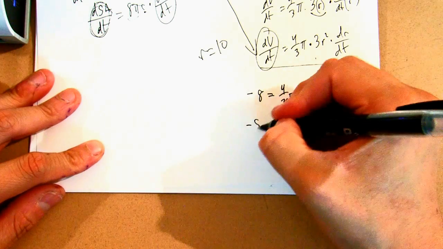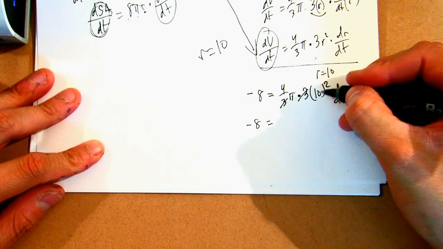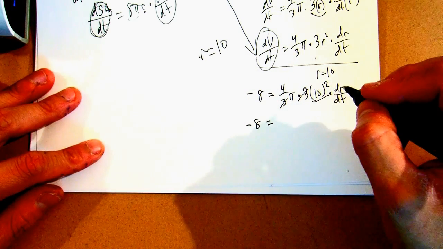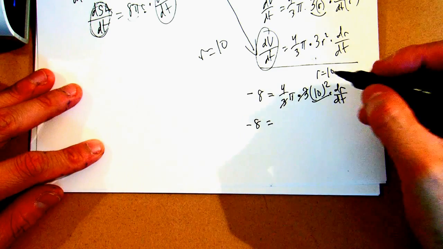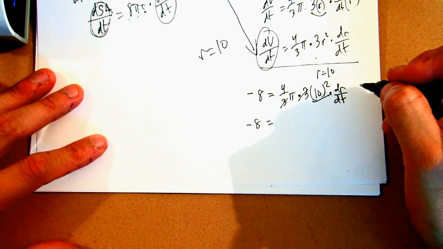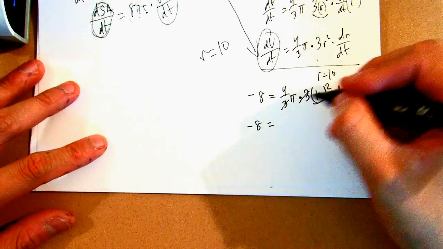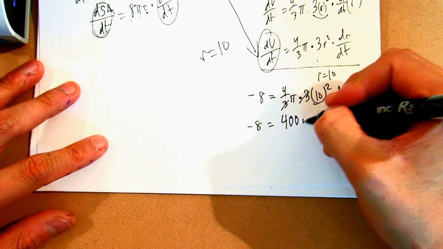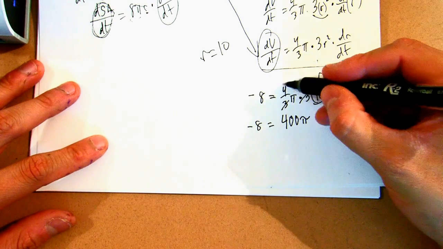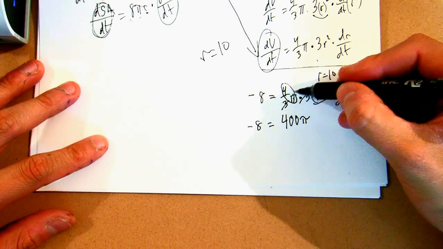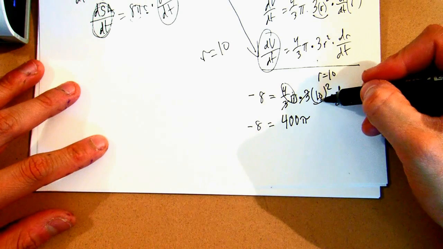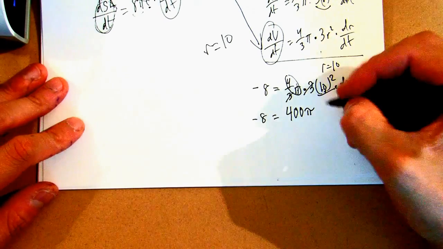Now we get negative 8 equals 4π times 100. So when you multiply 4π times 10 squared, it's going to be 400π.